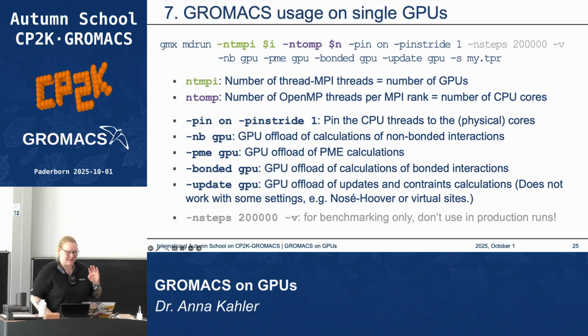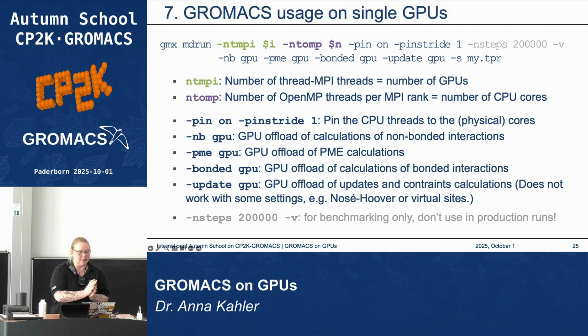What we're going to use this afternoon for benchmarking, to make all of our benchmarks a bit faster, is the -nsteps flag and the -v flag for verbose output. Don't use them in production. The verbose output prints output every single step.